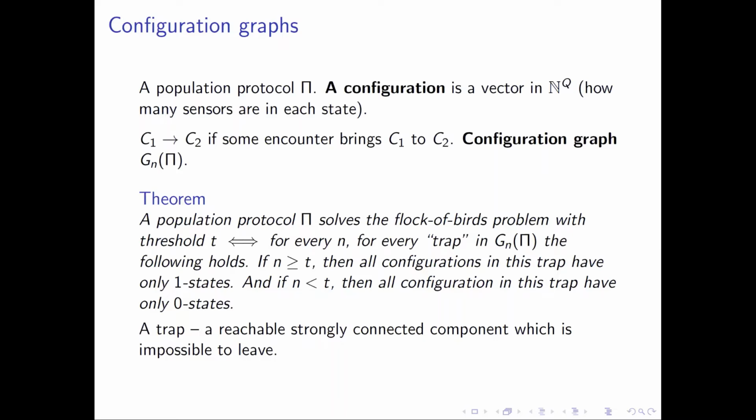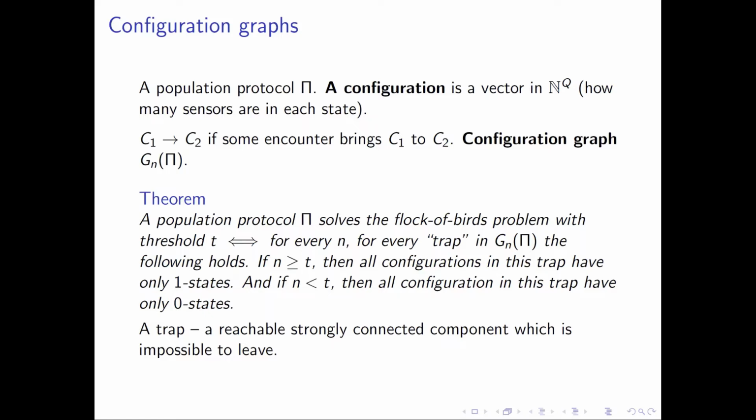I would like to give an alternative definition, which only requires to consider finite objects. Namely, configuration graphs. What is it? If I have a population protocol, its configuration is a vector in natural numbers to the q, where q is the number of states of pi here. And so a configuration just specifies how many sensors are in each state.